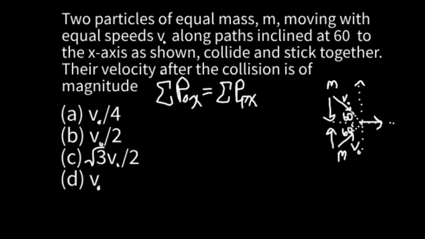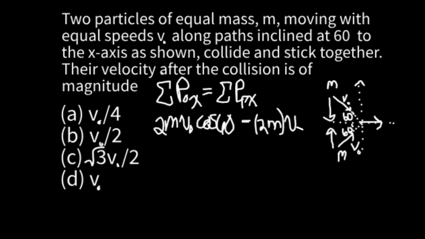And we can decompose that to say we have m v naught cosine of 60 plus another one, so we have 2 because we have two objects, and that is going to be equal to twice the mass now because they stick together times some final velocity v sub f.